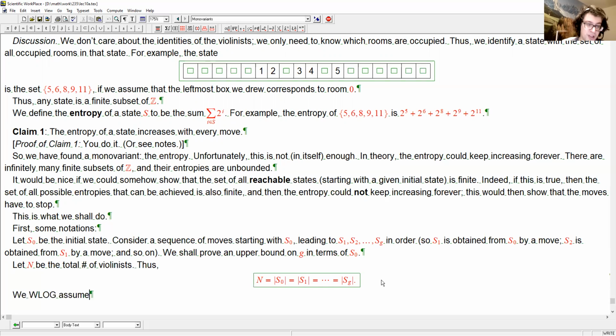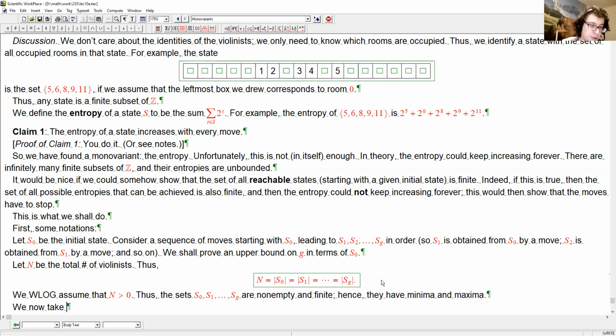And of course, we can assume without loss of generality that n is positive, because otherwise there is no violinist and the problem is trivial. So the sets S0, S1, and so on up to Sg are non-empty, and they're also finite. Hence, they have minima and maxima.